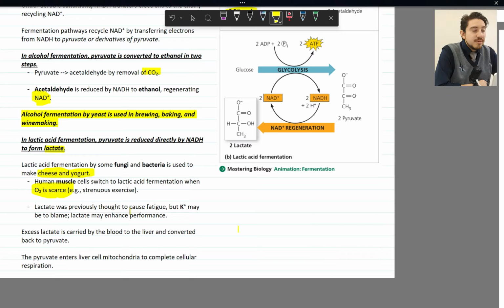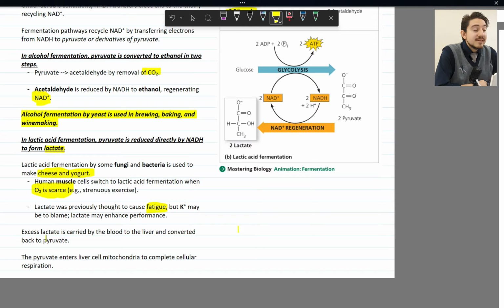Lactic acid was previously thought to cause muscle fatigue, but potassium ions may be to blame. Lactate may enhance the performance of muscle and ultimately cause that fatigue. We're going to see this a little bit later.